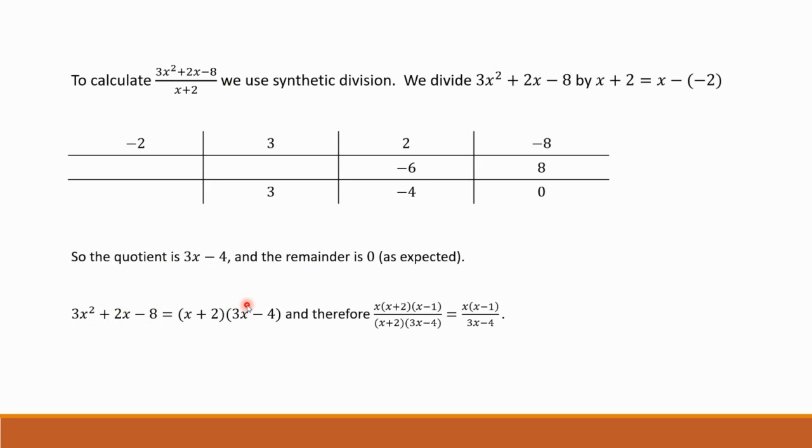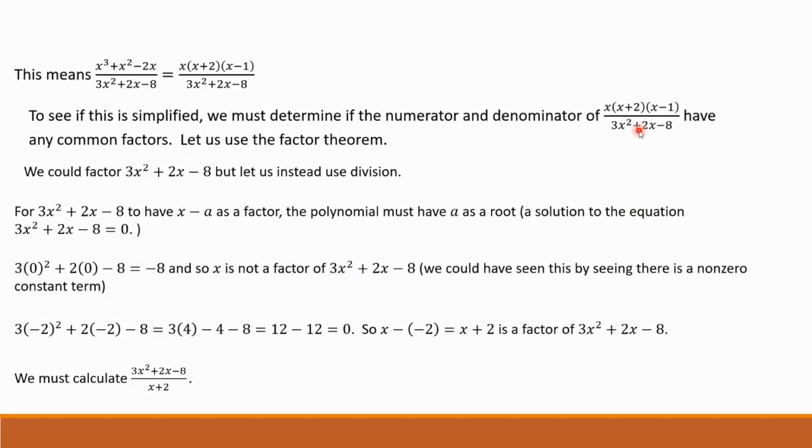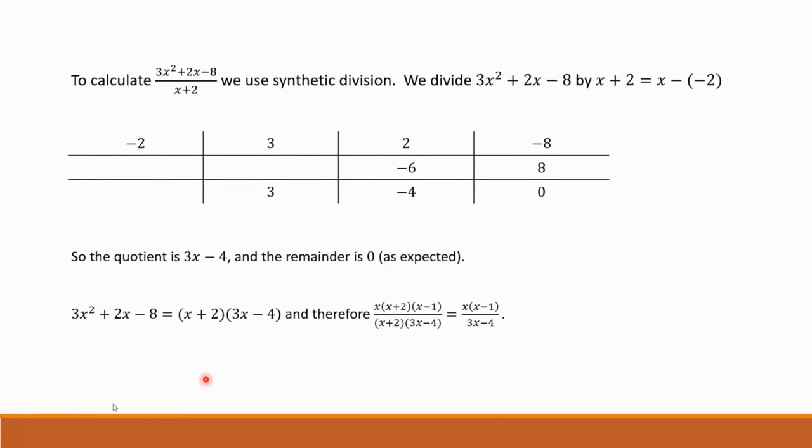So this is equal to 3x minus 4 times x plus 2. And so if we put that into the denominator, you can see there's a little bit of cancellation, namely the x plus 2's. Like that. That's what we get. So from here, we get this, and this is our answer.